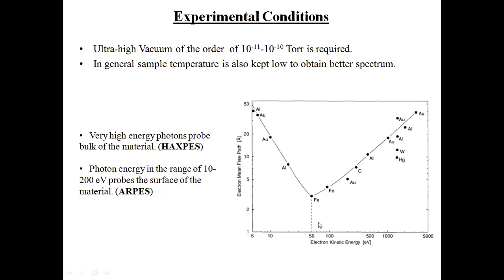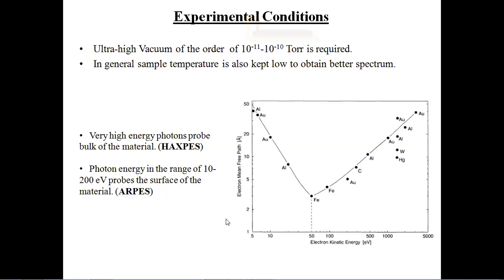It's a huge range of kinetic energy, plotted from 5 eV to 5000 eV, and you can see that within this range, the electron mean free path is only a few angstrom, maybe 30-40 angstrom at maximum. So if you are performing the experiment, it doesn't matter how thick your sample is; only the electrons near the surface can come out of the sample.